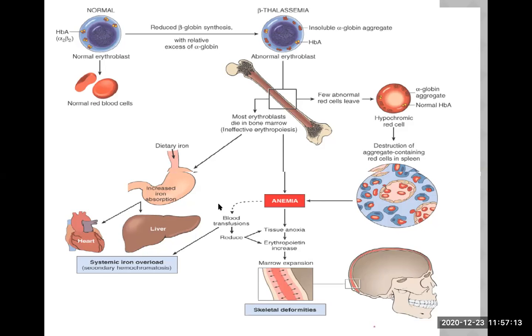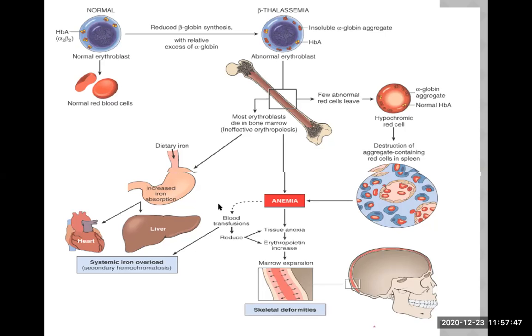If the GI tract absorbs more iron, it helps in the synthesis of more RBC, and that will help in the reversal of anemia. So that type of mechanism is going on in the body. As a result, even if there is excessive iron deposition in the body, iron is still excessively absorbed from the GI tract. This is not a good situation here. It will further aggravate the iron overload condition in the body.